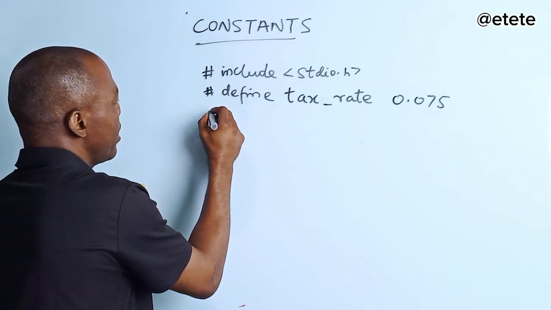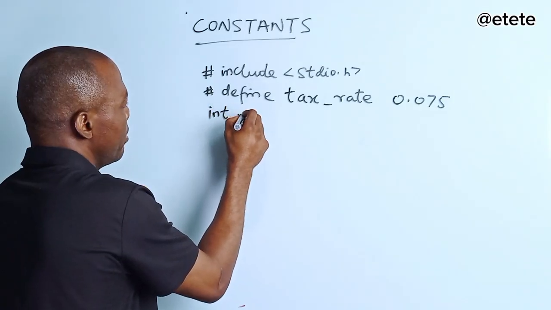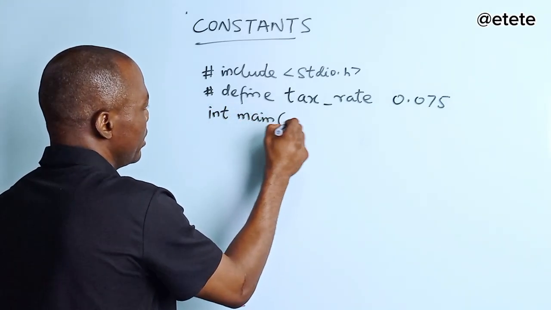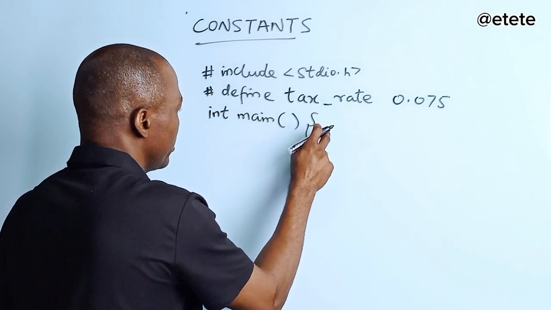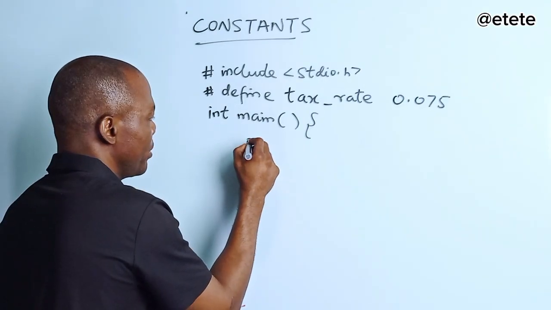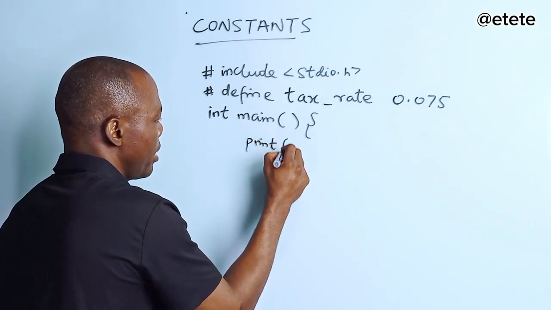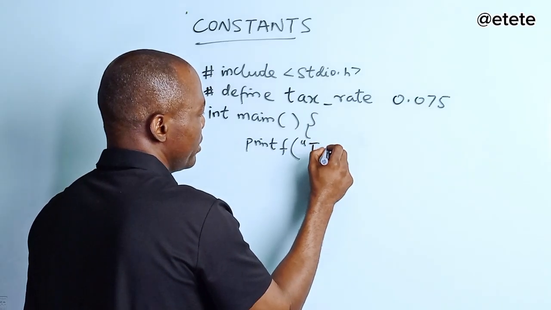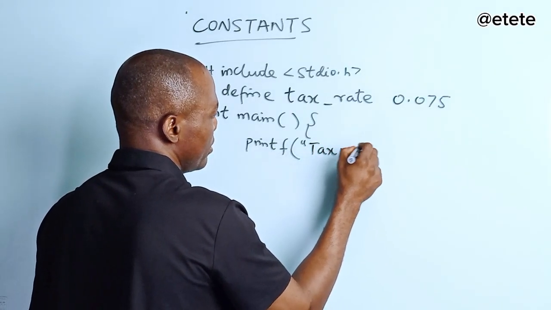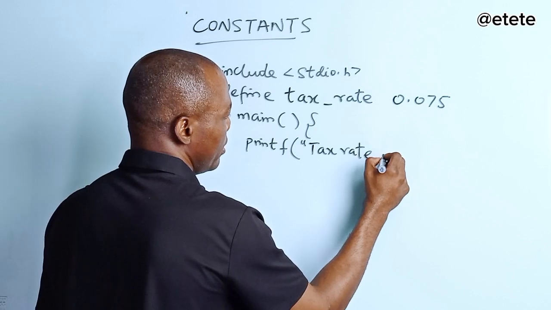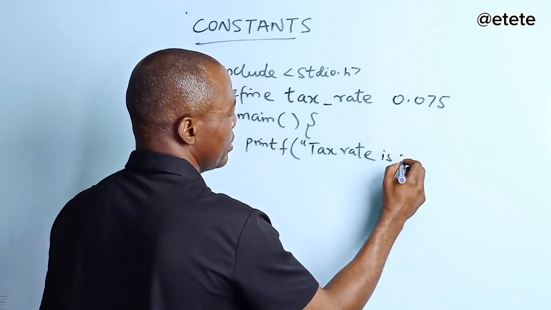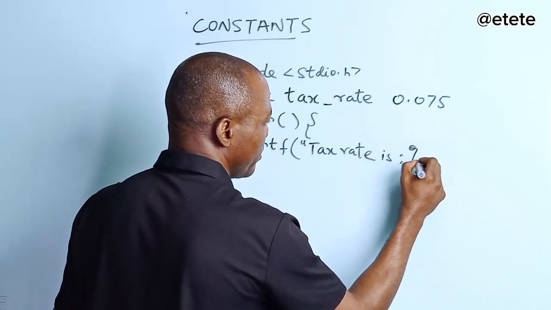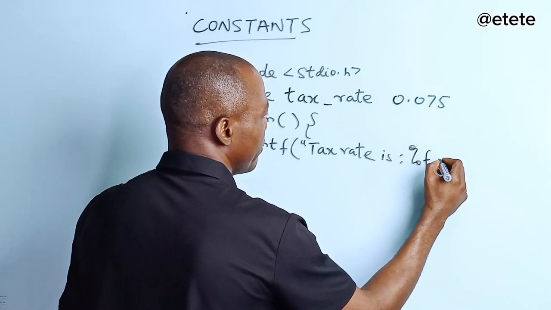I will now come here, I will say int main. This is my main function. Then I will go in, and in this place I will say printf, "Tax rate is", then I will bring my format specifier %f.